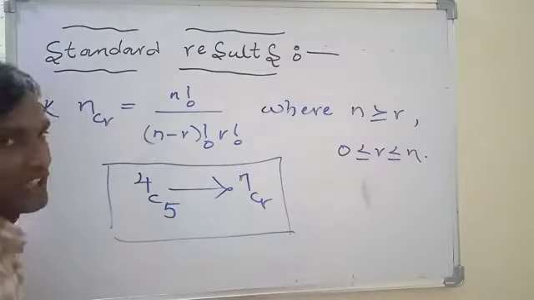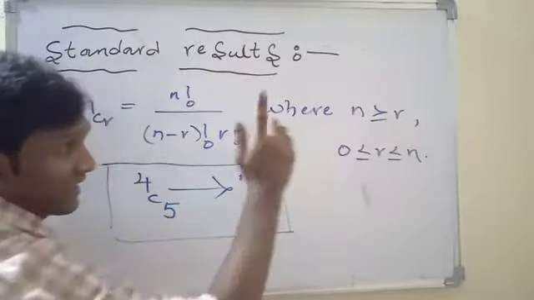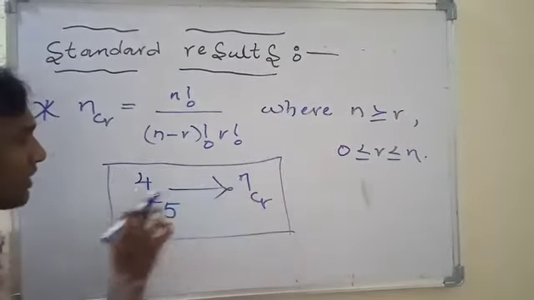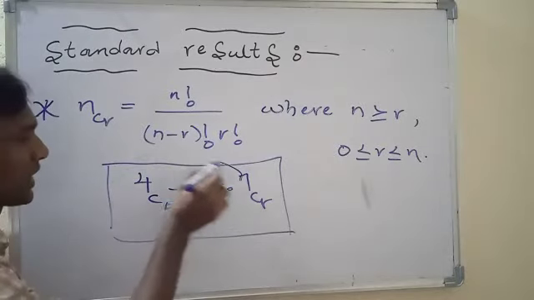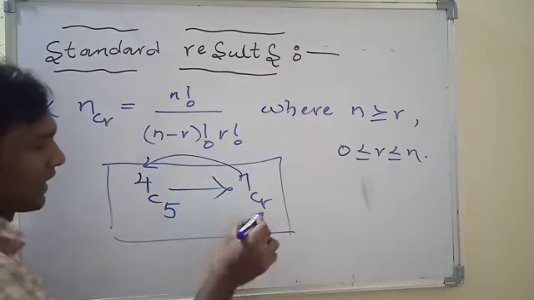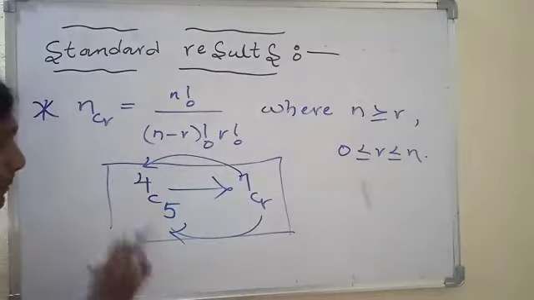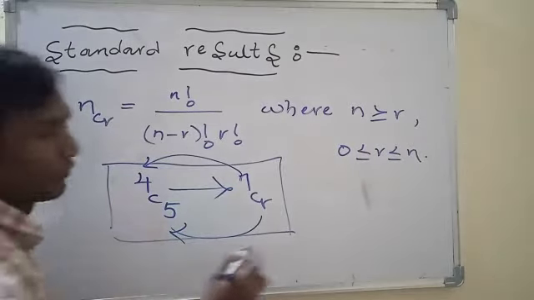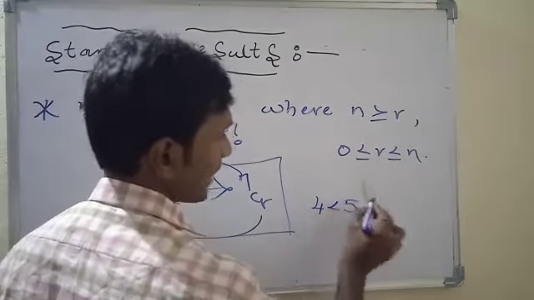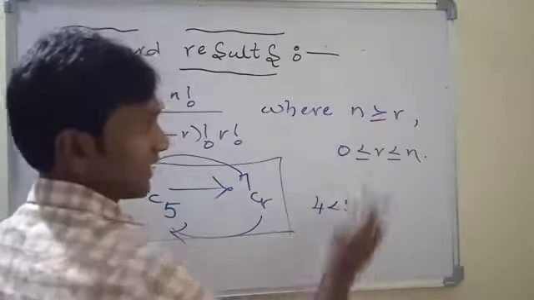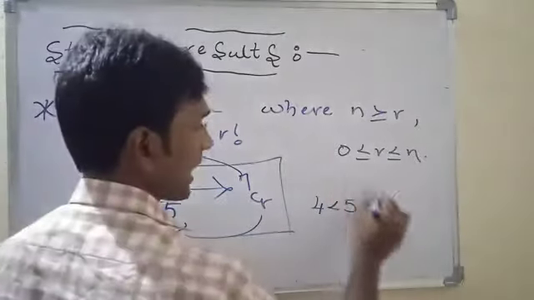Check the first condition, n is greater than or equal to r. Here n equals 4 and r equals 5. But 4 is less than 5, so the condition n is greater than or equal to r is not satisfied.